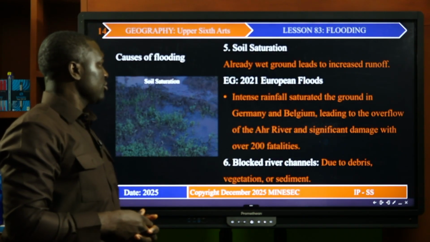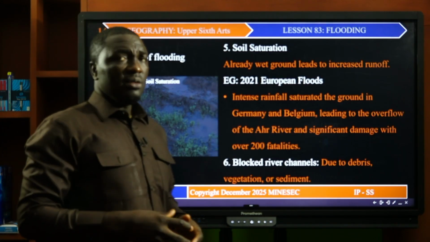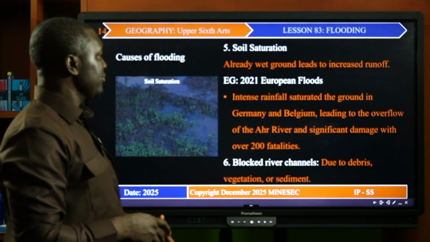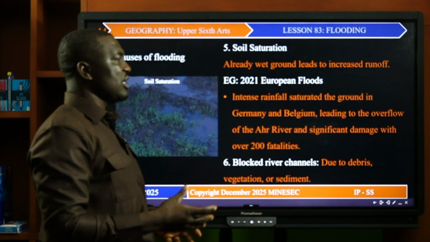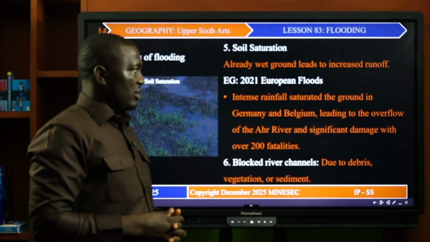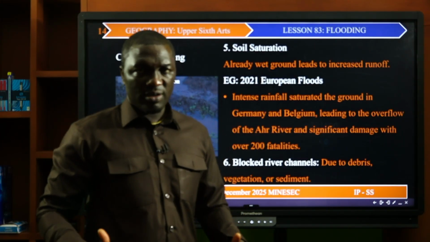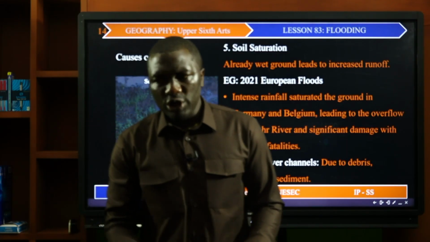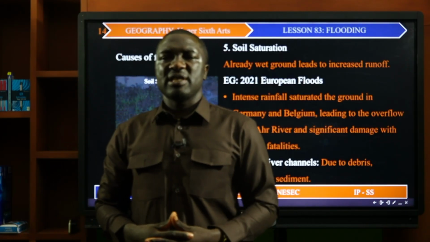Soil saturation. When the rain falls heavily, the ground becomes wet. The soil becomes saturated with moisture. This leads to increase in runoff. Runoff explains the horizontal movement of water on the surface.